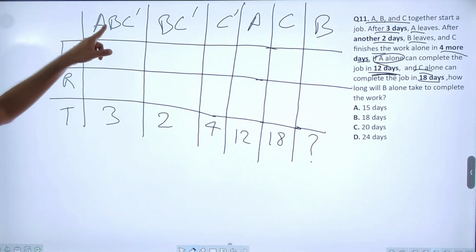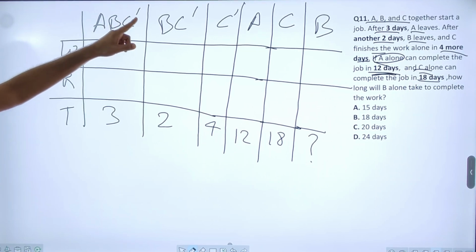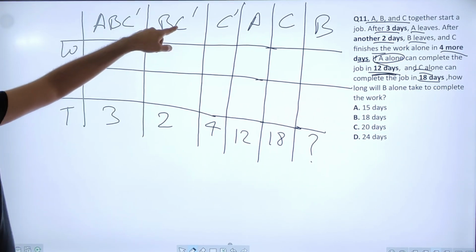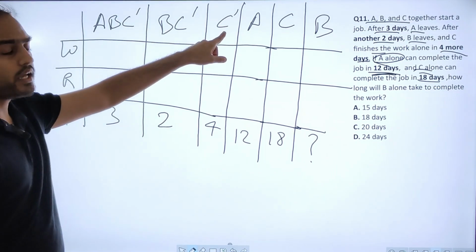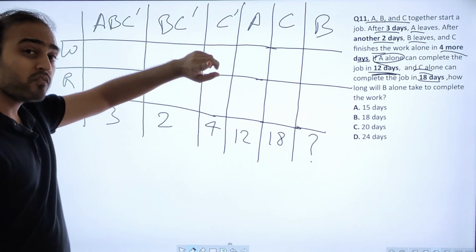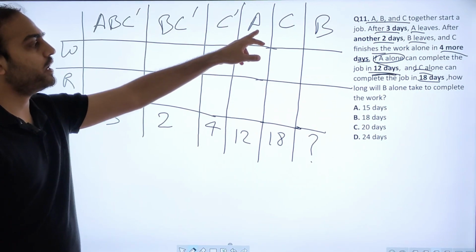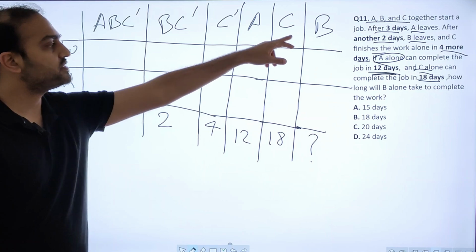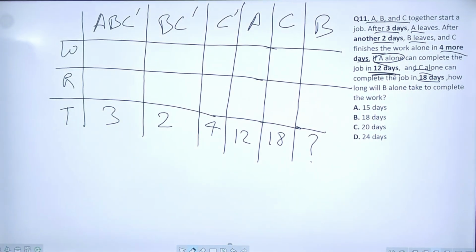So again, A, B, C start working, don't finish the whole work, that is why dash. B and C continue the work, don't finish the whole work, that is why dash. C alone finishes the remaining work, not the whole work, that is why dash. A alone can do the whole work, C alone can do the whole work. Right? This is my table.